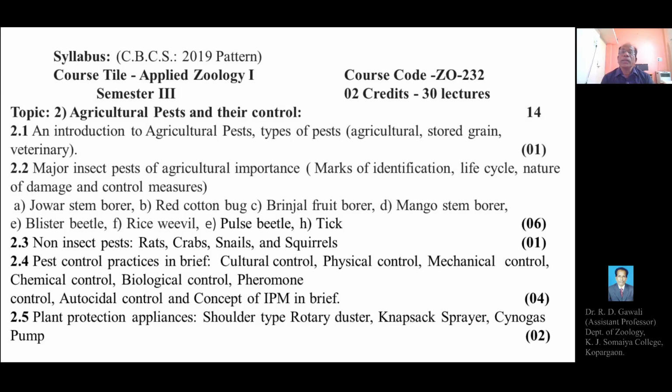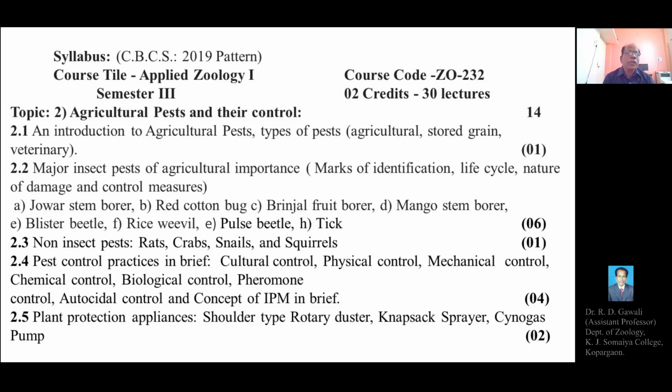So this includes 8 different types of pest such as jowar stem borer, red cotton bug, brinjal fruit borer, mango stem borer, and the blister beetle. These are the 5 different types of crop pest. Then rice weevil and pulse beetle are the stored grain pests, and the last one, that is a tick, is a veterinary pest or the animal pest.